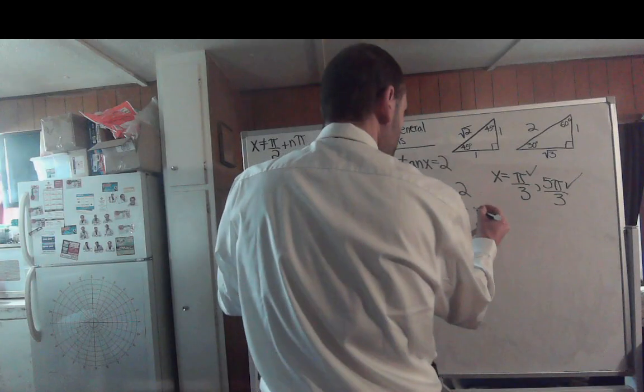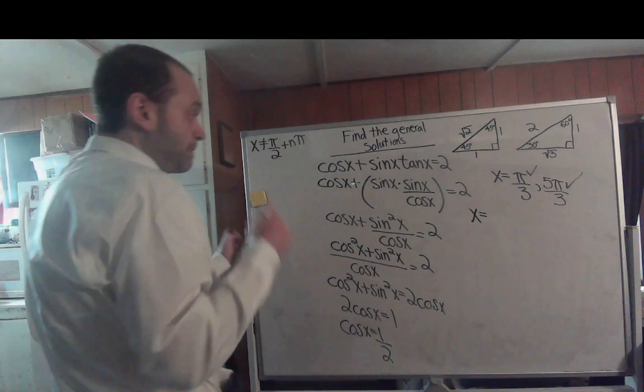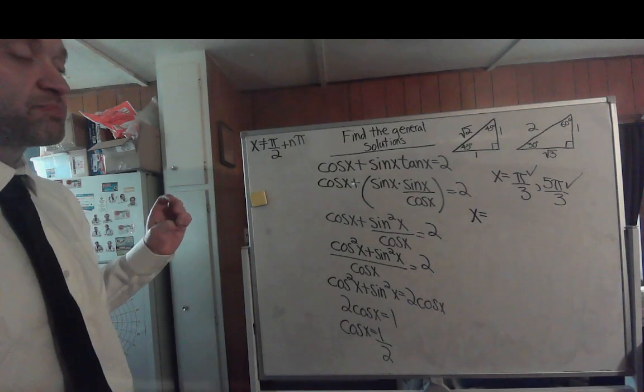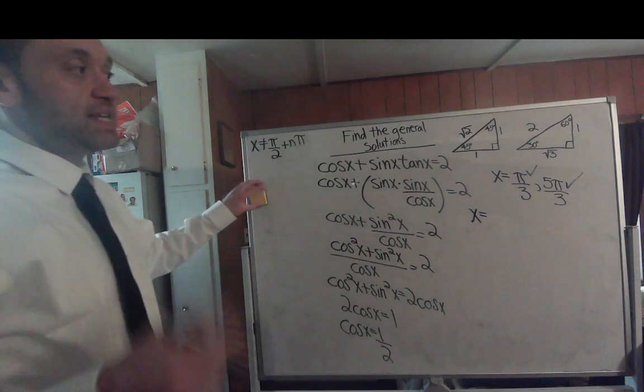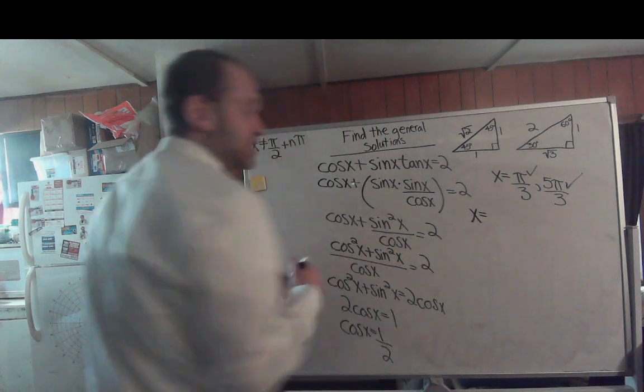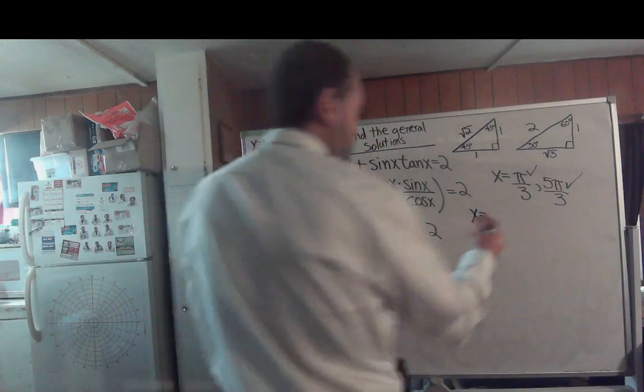Okay, so the general solutions, since the period, well, yes, it's true that the period of tangent is pi, but when in doubt, I would write 2 pi, especially if you only have two solutions that are far apart, like in the first and fourth quadrant.